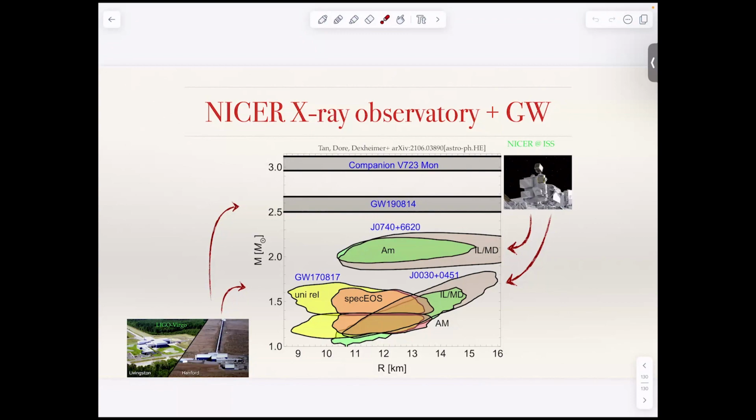And the data, as you can see here, are not extremely good. There are not many points in mass and radius. So they might be a bit disappointing. But they are much better than what we had before without data.